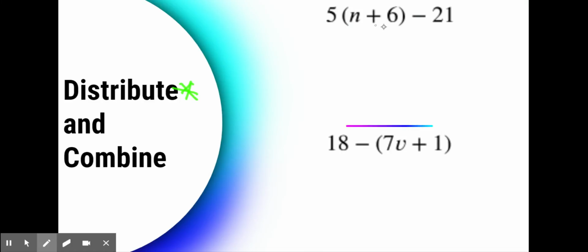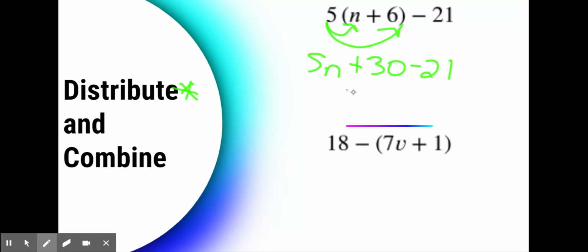So I have 5 times the quantity n plus 6 minus 21. This would be the distributive property. So I'm going to do 5 times n. That's 5n. And I'm going to do 5 times 6. That's going to be 30. I'm going to copy the minus 21. Make sure you don't lose any signs. Now I want to look for like terms.